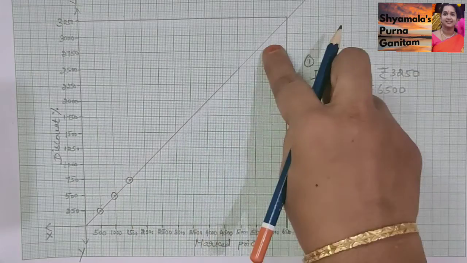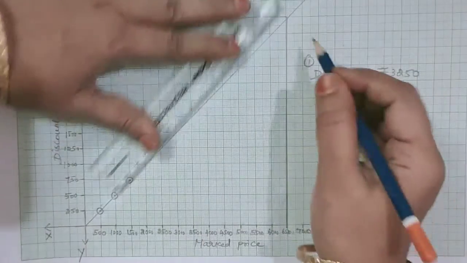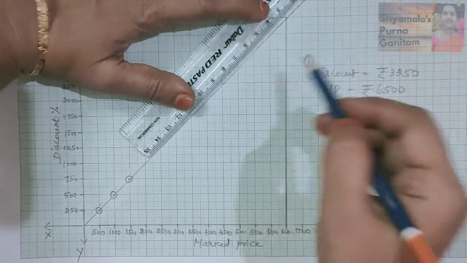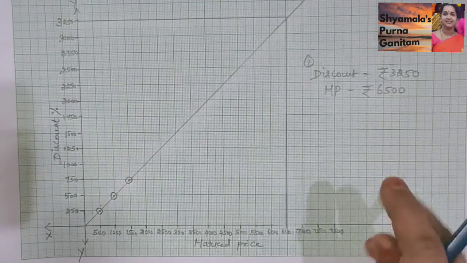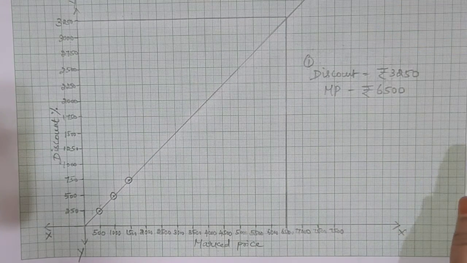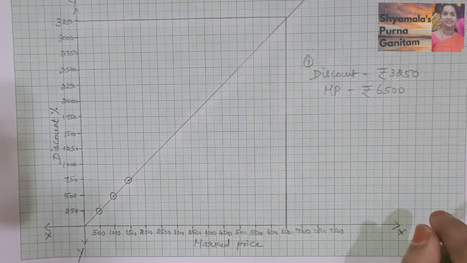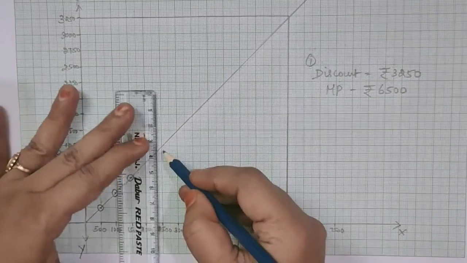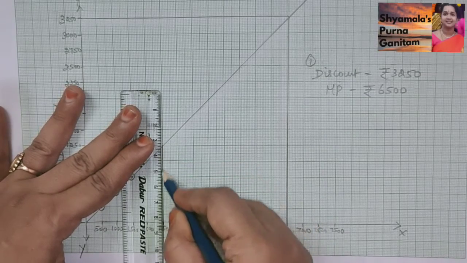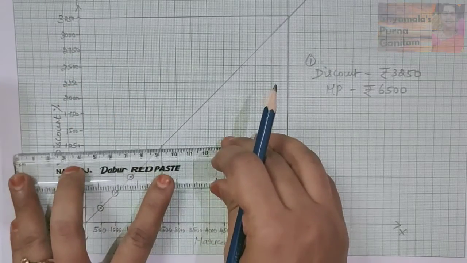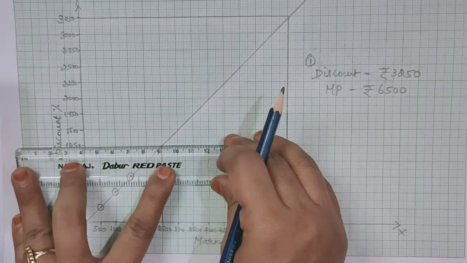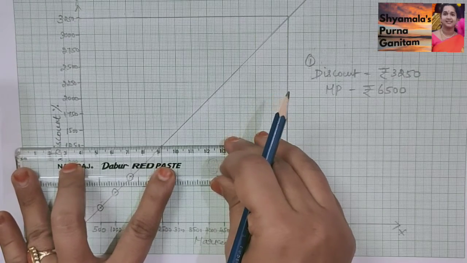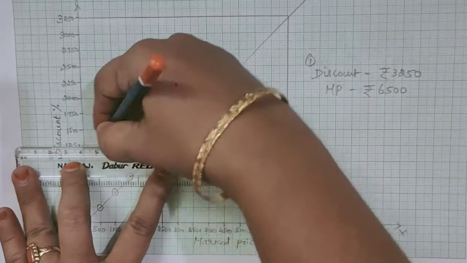So, after plotting the graph, we need to find the answer for this. Then the second one is the discount when the marked price is 2500. So, this is the marked price 2500. When I mark it here, the discount is 1250. I have to extend the line here.